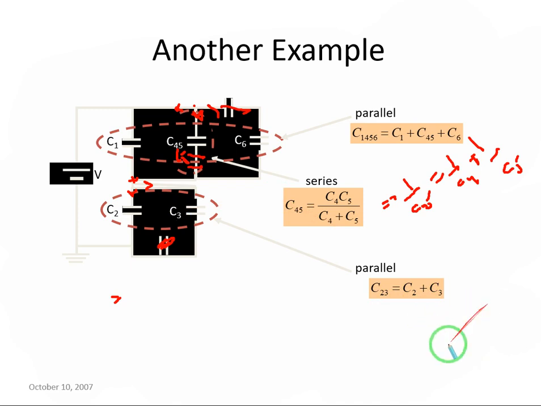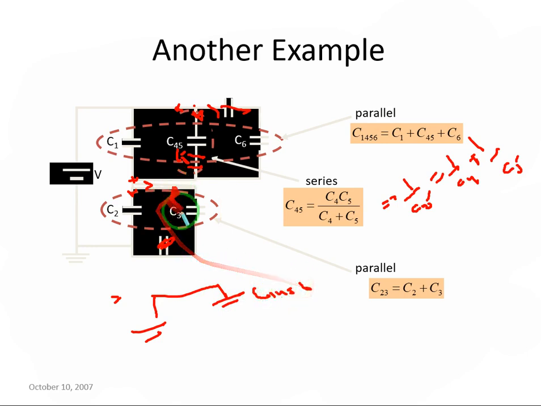At the end, if you solve this, the required equivalent of this is C1456, and the required resultant of this is C23, and it's going to be connected with the battery.